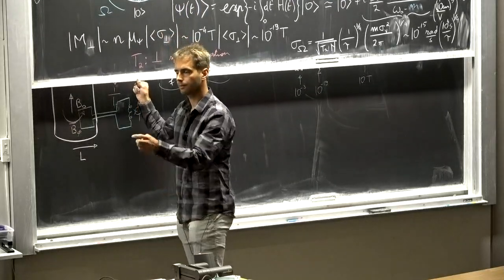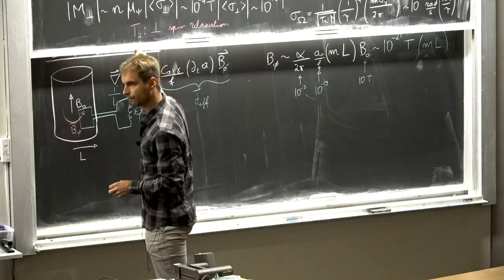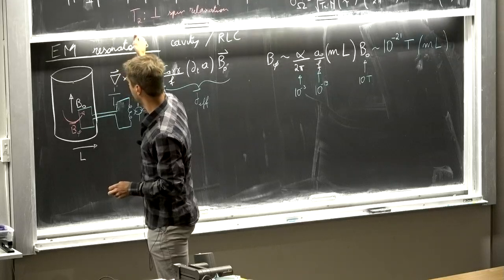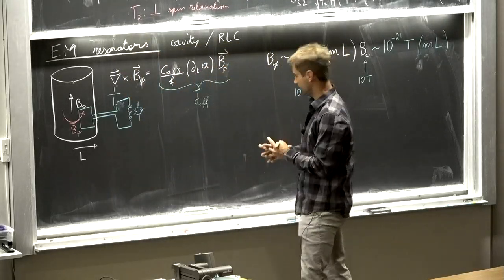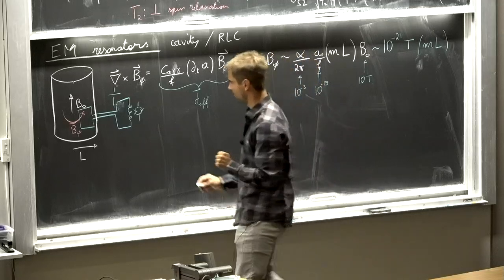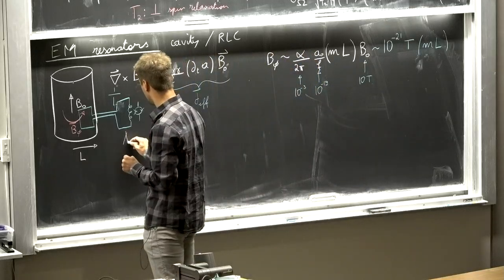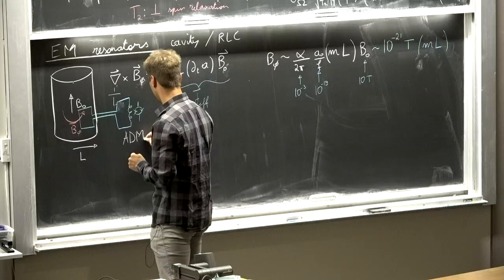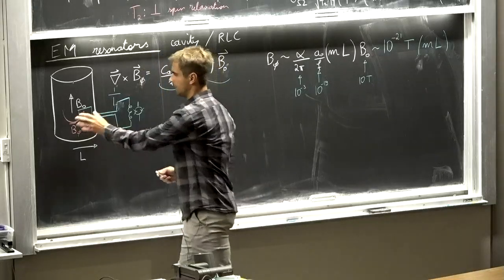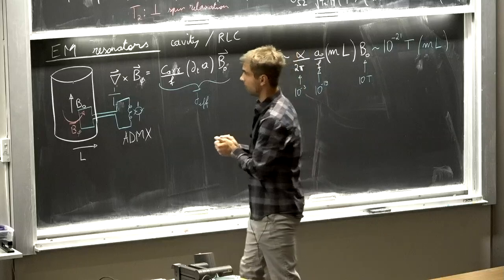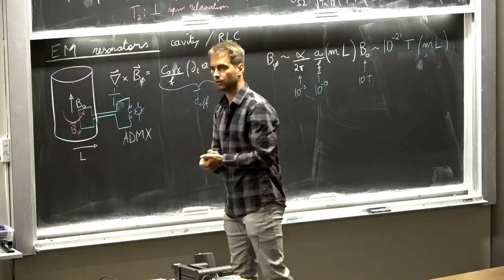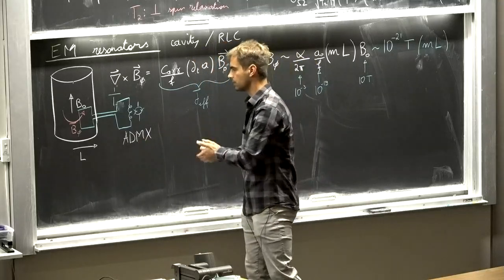Other questions? Yeah. How scannable is this one, given that it's based on the size of the experiment? Yes, the question was how do you scan the system? How do you scan the natural frequency of the system? So the most sensitive experiment is a cavity type experiment called ADMX, and there are other ones.